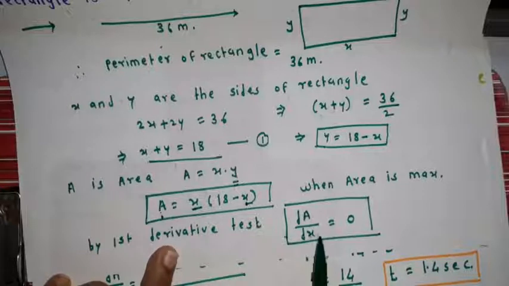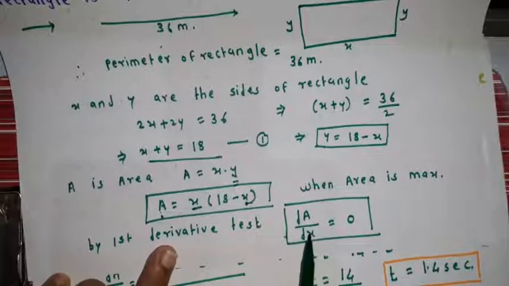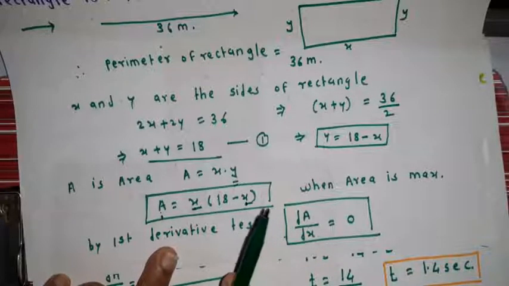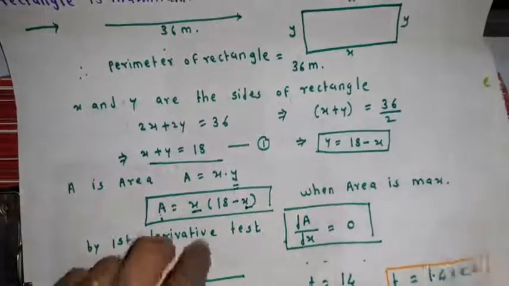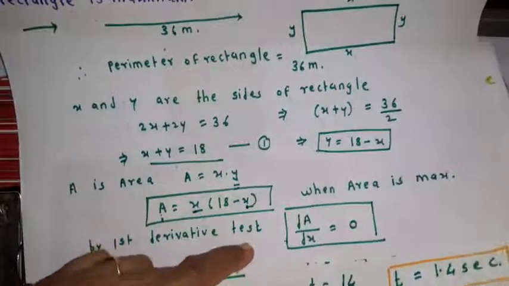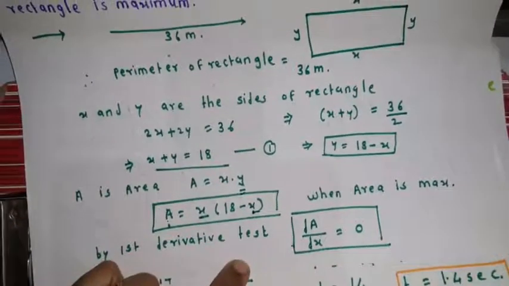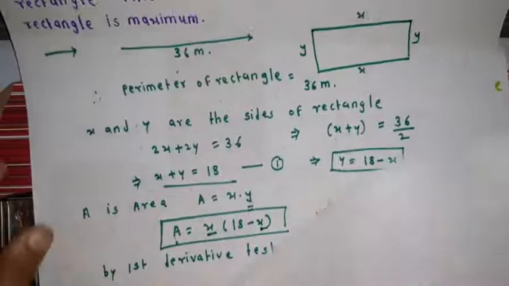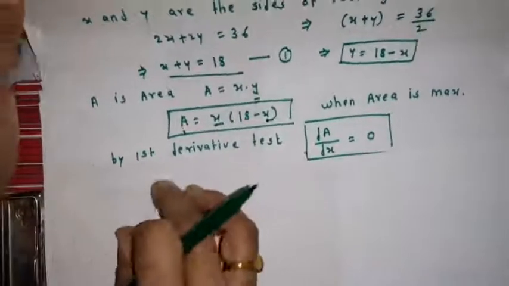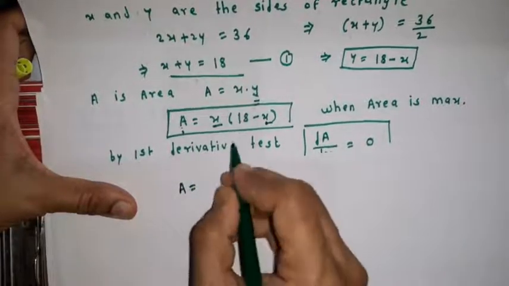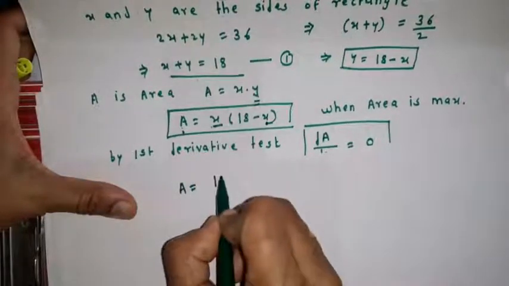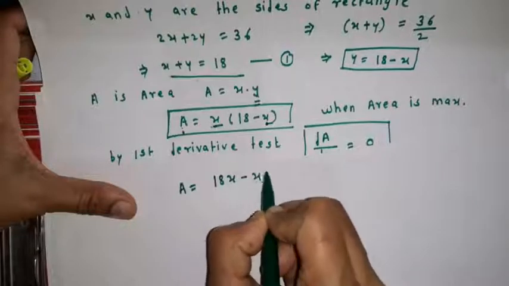After applying the first derivative test we will get the value of x, and at that value of x we decide whether the area is maximum or not by the second derivative test. Now area equals 18 into x, that is 18x minus x square.